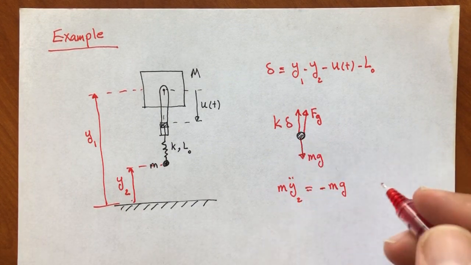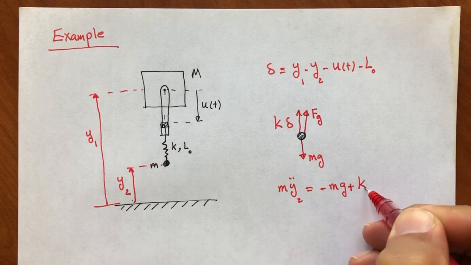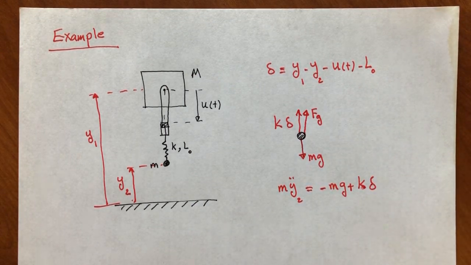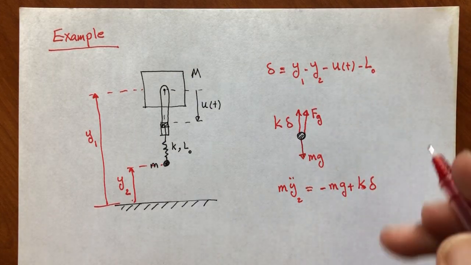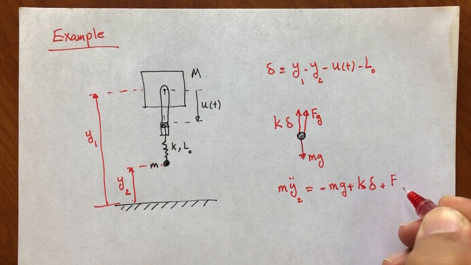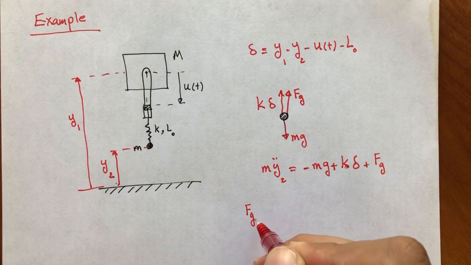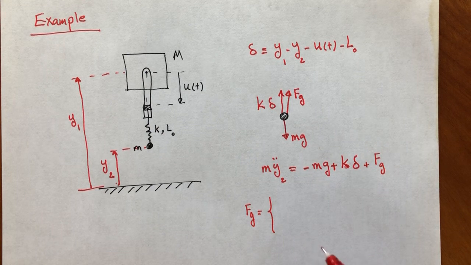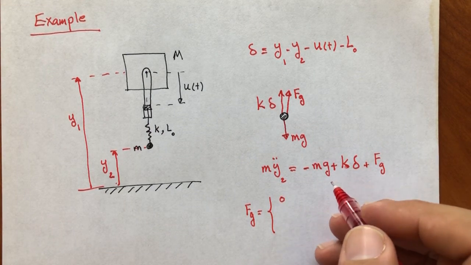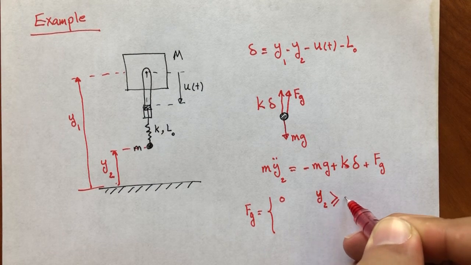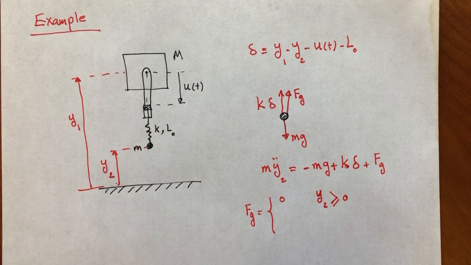Then the force from the spring is positive k times delta. I can write all of this, or I can just write delta for now, but we know delta is this. And plus Fg, force from the ground. And the force from the ground, if I want to finish it, is going to be equal to 0 if y2 is more than or equal to 0. And it's going to be some force from the ground if y2 is less than or equal to 0.